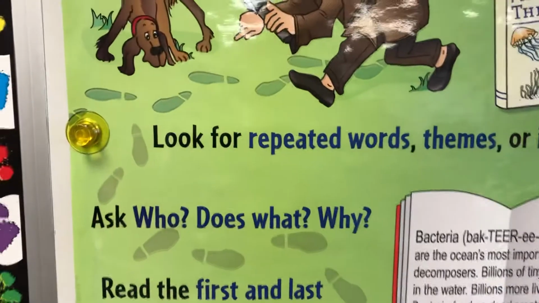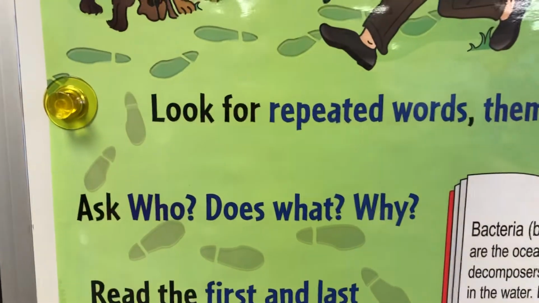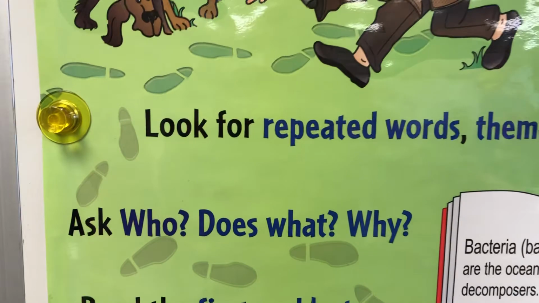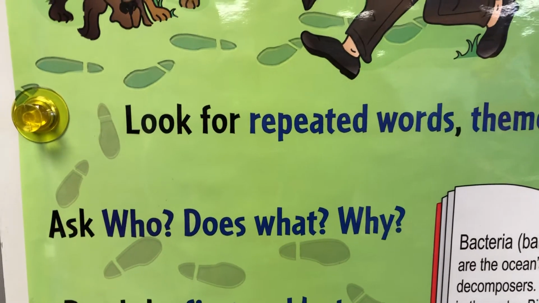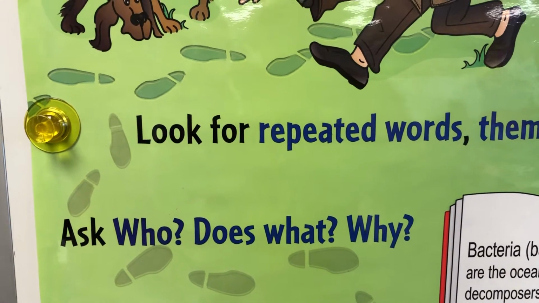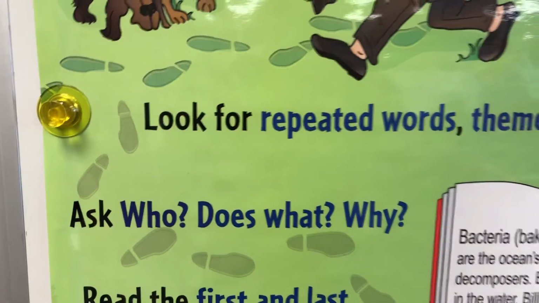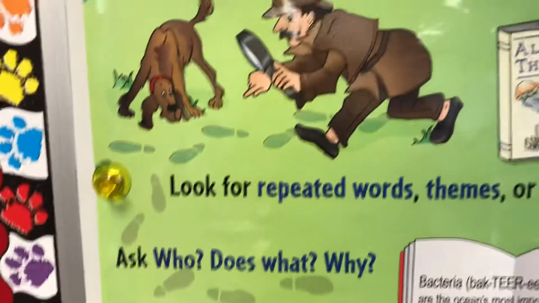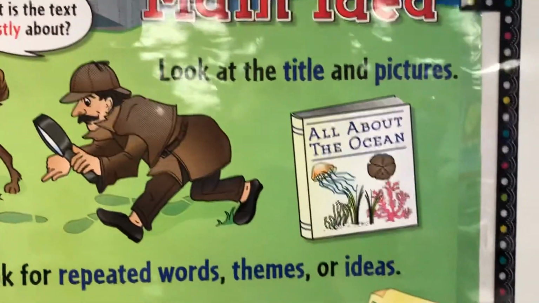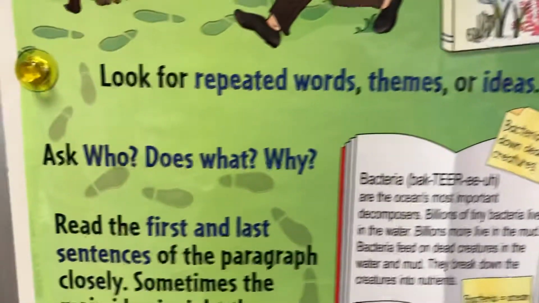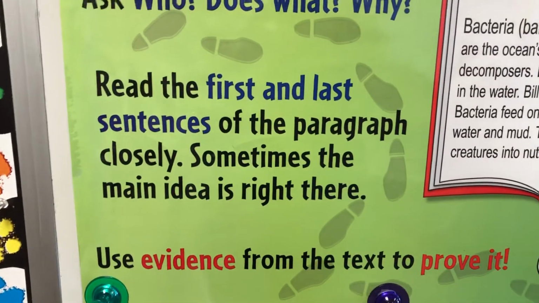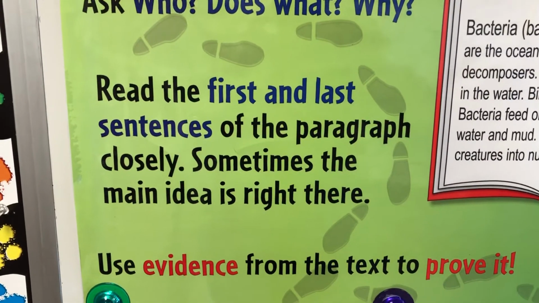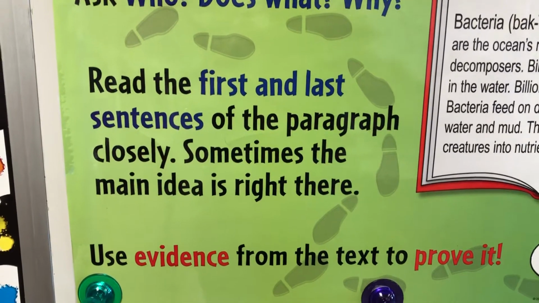The next thing they want you to look for is who's the story mostly about, what happens, and why does it happen? So ask who, what, and why. And again, look for those repeated words and look at the title and the pictures. So then the next clue or way to find the main idea is to read the first and last sentences of the paragraph super closely.